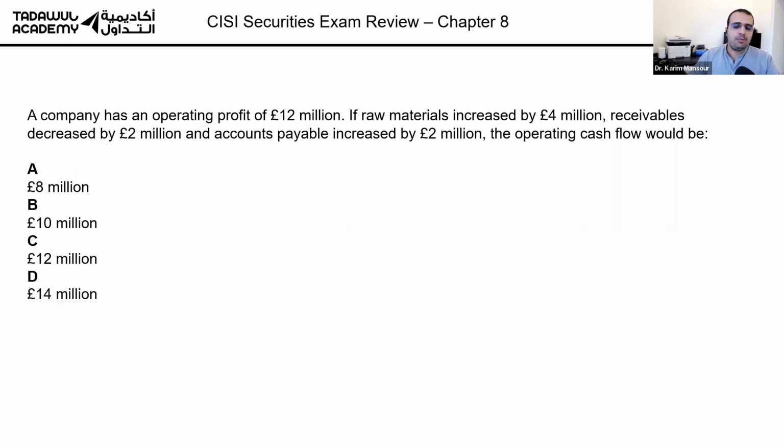A company has an operating profit of 12 million. Raw materials, which is part of inventory, increased by 4 million. So there has been an increase in inventory of 4 million.